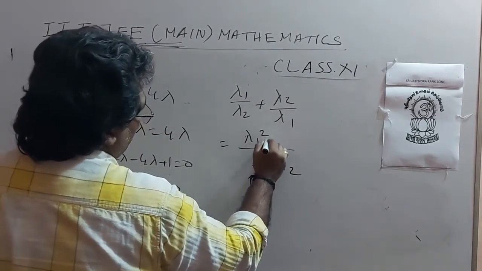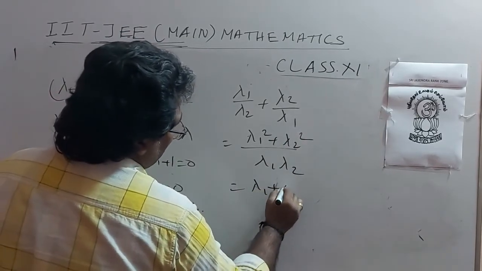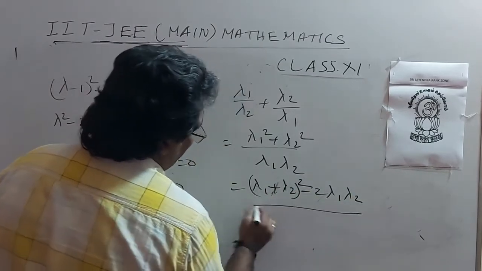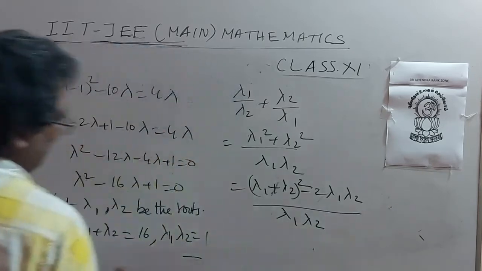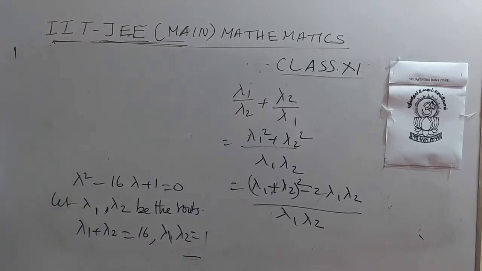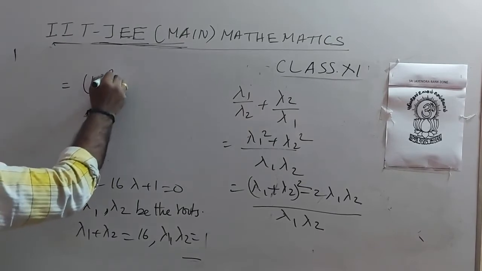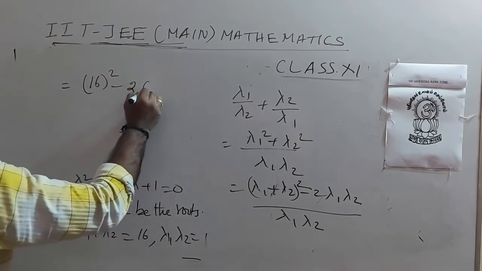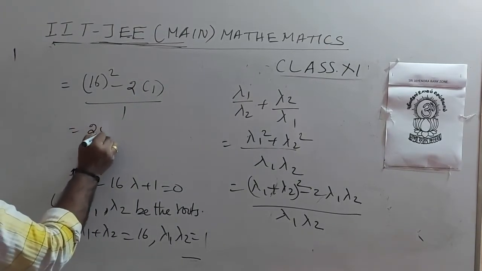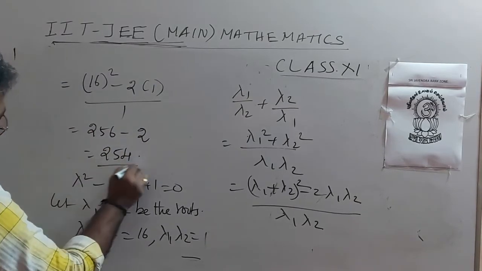Here we have lambda 1 square plus lambda 2 squared, so lambda 1 plus lambda 2 the whole square minus twice lambda 1 lambda 2, divided by lambda 1 into lambda 2, equal to lambda 1 plus lambda 2, that is 16, whole square, minus twice lambda 1 lambda 2, that is 1, divided by 1. 256 minus 2, that is 254.